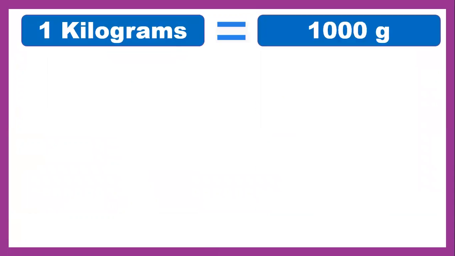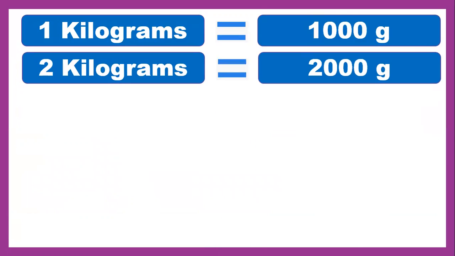So I will send this worksheet on the group and you have to complete it. Just keep in your mind 1 kilogram is equal to 1000 grams. 2 kilograms is 2000 grams.